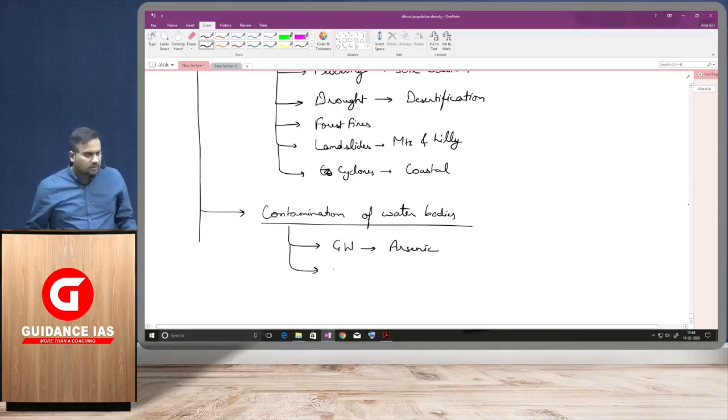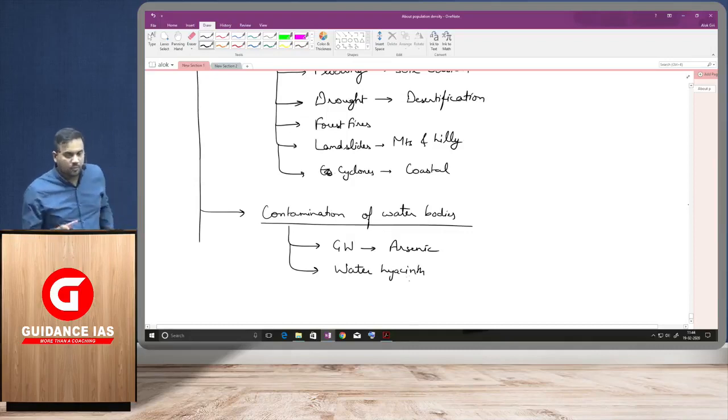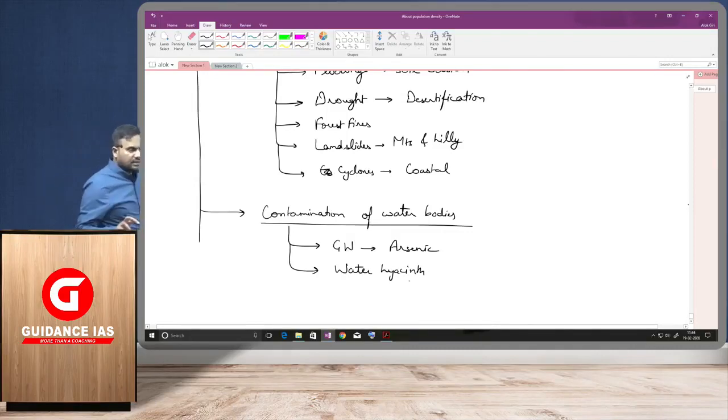There can be other issues related with the water bodies, like for example, in recent times India में देखोगे तो there is the problem of water hyacinth, जिसे हम बोलते हैं जलकुंभी. So that water hyacinth is basically what?